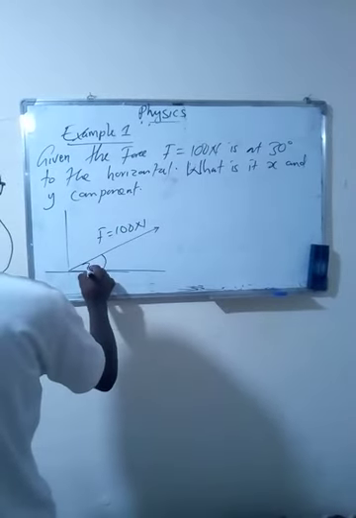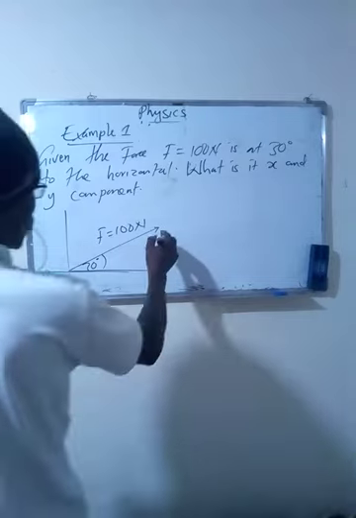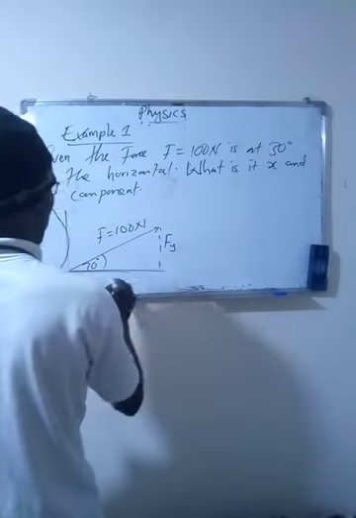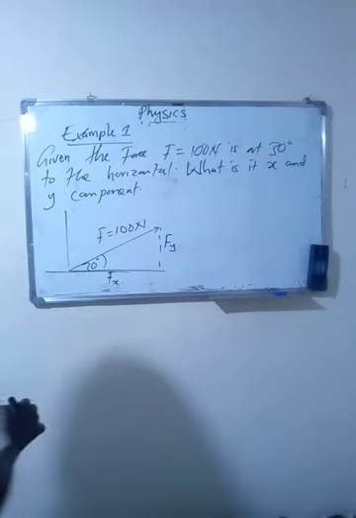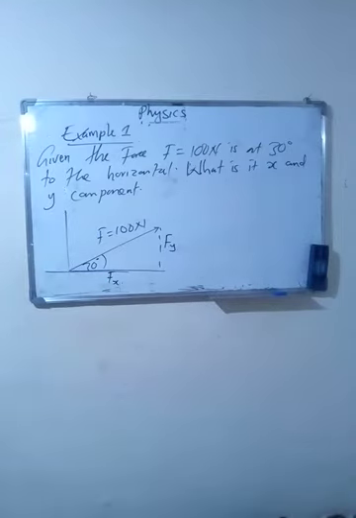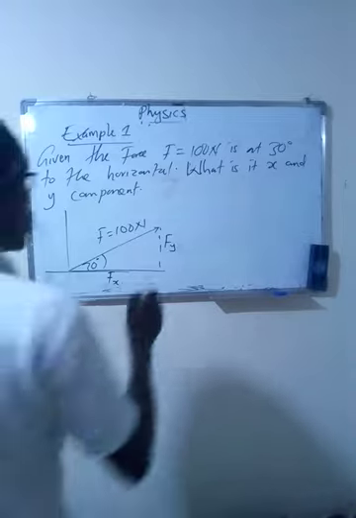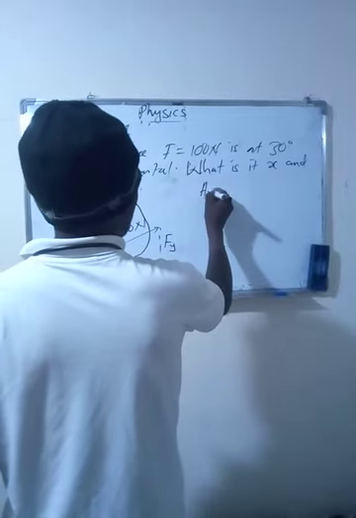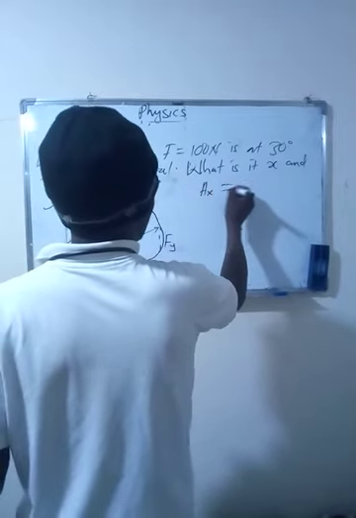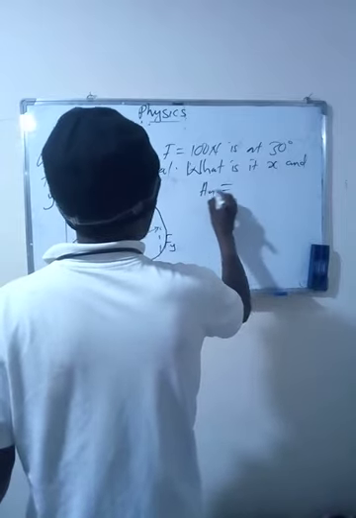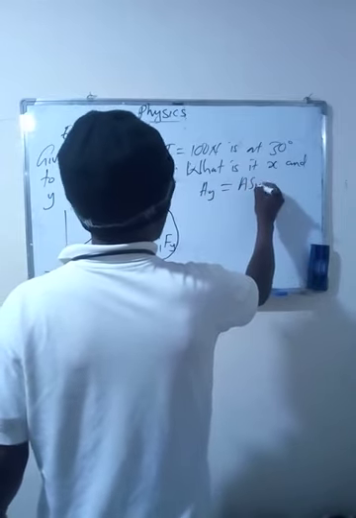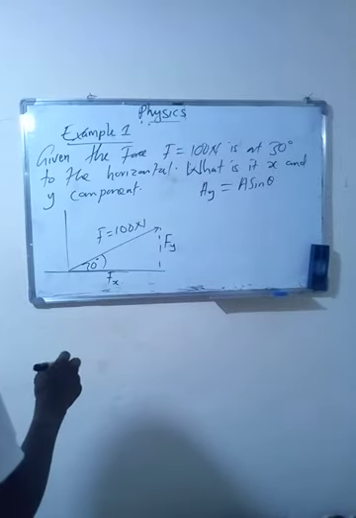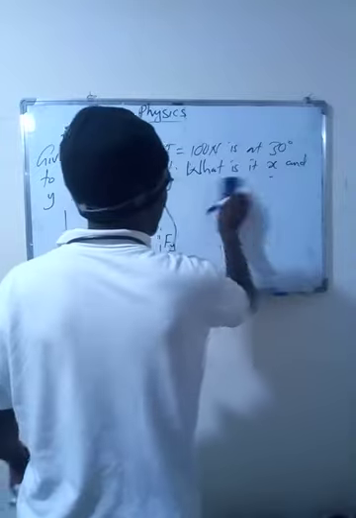All right. So remember we said that Ay is equal to A sine theta. So in this case, we have F, so our Fy is equal to F sine theta. So Fy is then going to be equal to F, the force 100 newtons, times sine theta, where theta is 30.